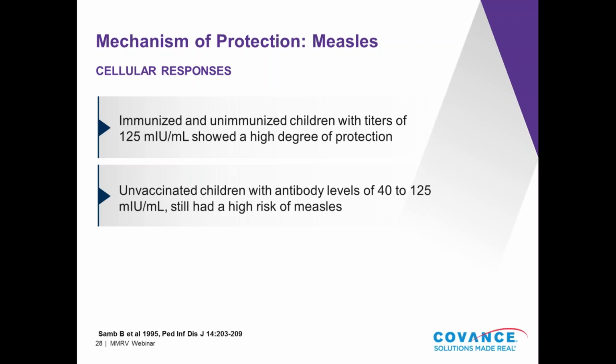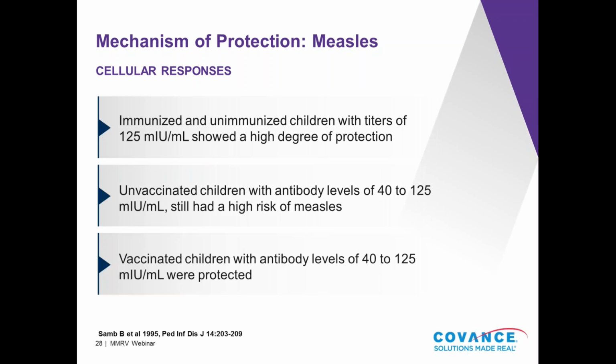Unvaccinated children, and this is where it gets very interesting, with antibody levels of 40 to 125 milli-international units per ml still had a high risk for measles. But vaccinated children with antibody levels of 40 to 125 milli-international units per ml were protected.